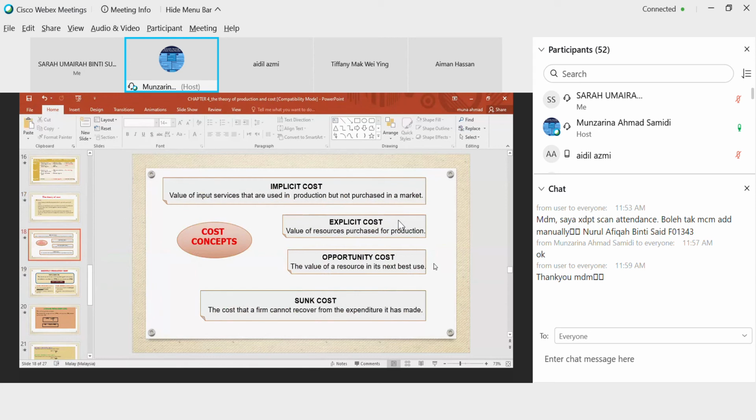Okay, so sunk cost. What is sunk cost? Sunk cost is the cost that a firm cannot recover from expenditure it has made. Sunk cost usually happens when you purchase, for example, a specialized machinery, like a sugarcane machine that you use to extract the juice from the sugarcane.